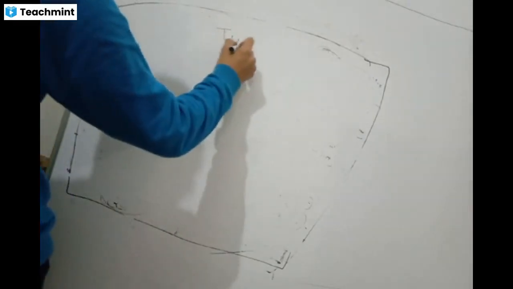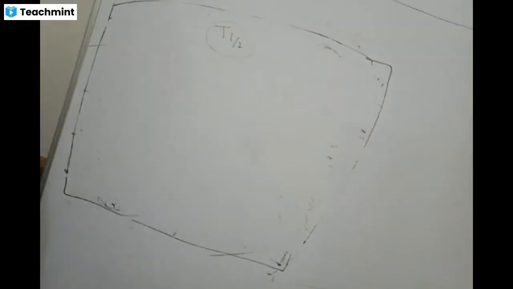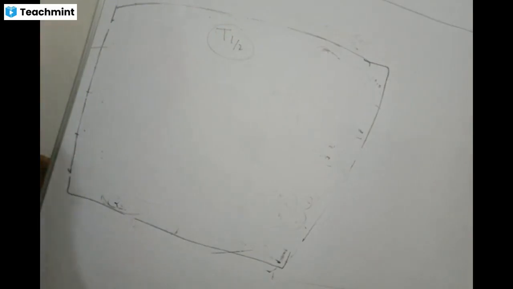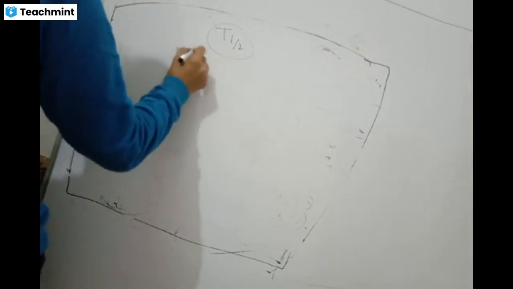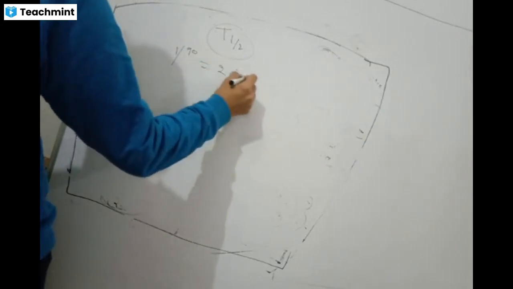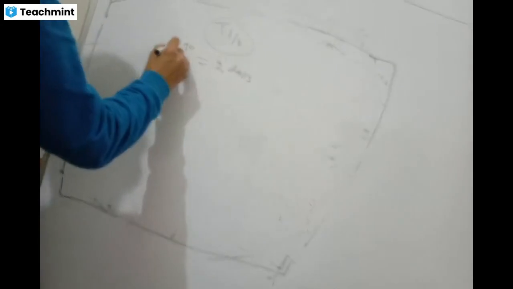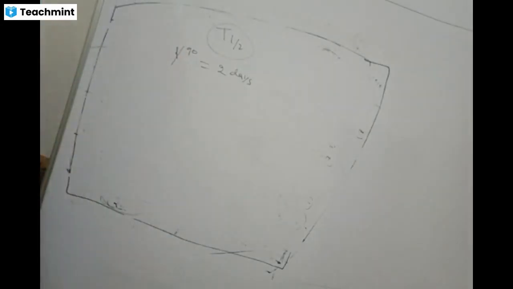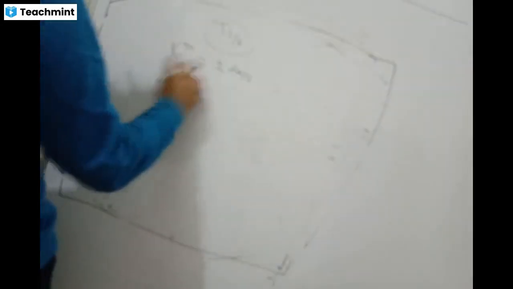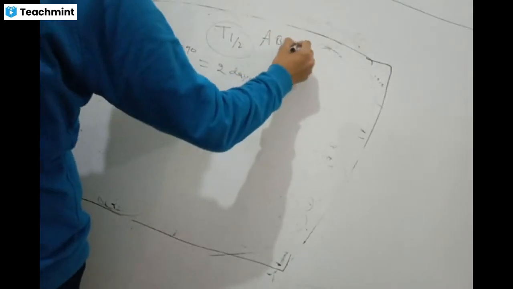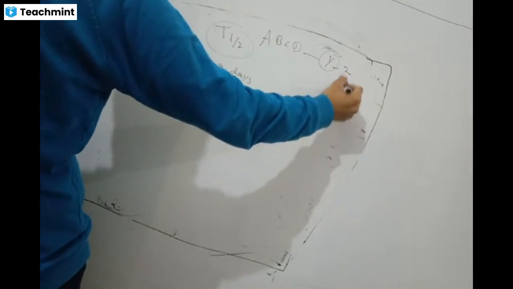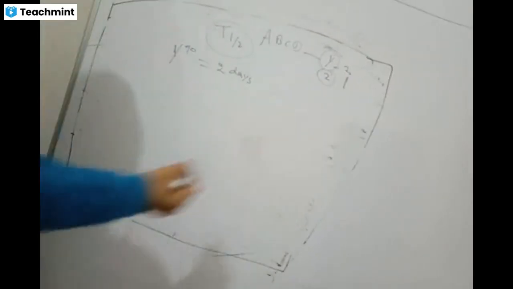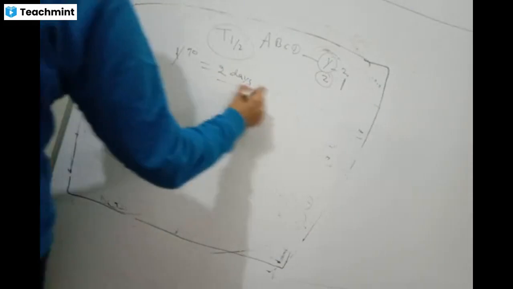There are some important T half of the radioisotopes. In one exam they have asked. So remember, yttrium 90 has 2 days half-life. How to remember this? If you start from A B C D and count Y and Z from the back side, it is at number 2.